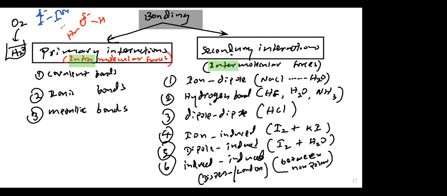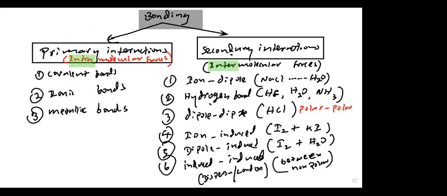Then it is basically between non-polar and polar. It is induced dipole and dipole. Between non-polar and polar, if you want to write that way also here. I don't have space, otherwise I can write that also. Polar molecules, dipole.